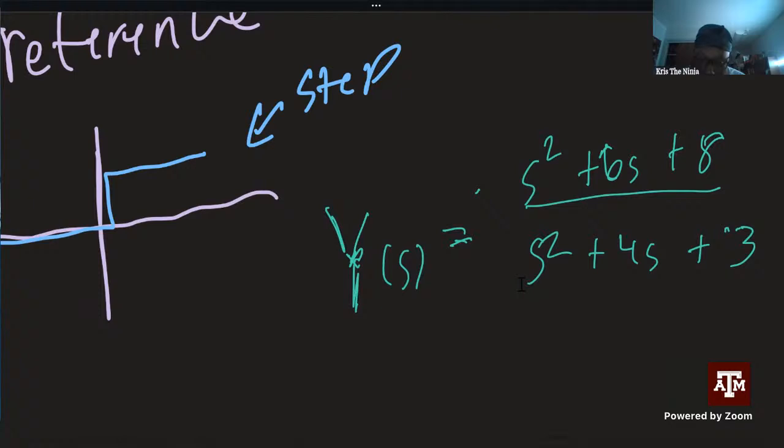is 1 over s. So we need to have this, and this is R of s. This is equal to R of s.